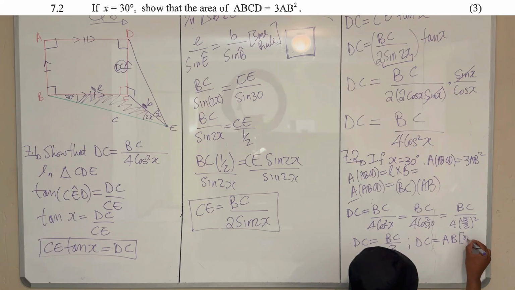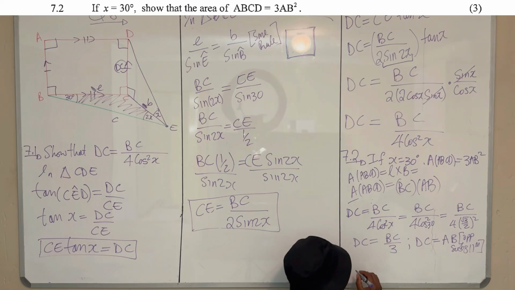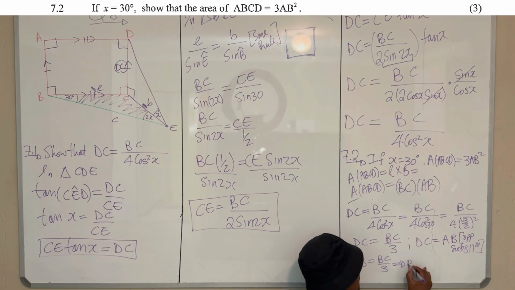Why? These are opposite sides of a parallelogram or a rectangle. So in this case, instead of having DC, we can say AB is equal to BC over 3. But we have BC here, so let's solve for BC, which is BC is equal to 3AB.